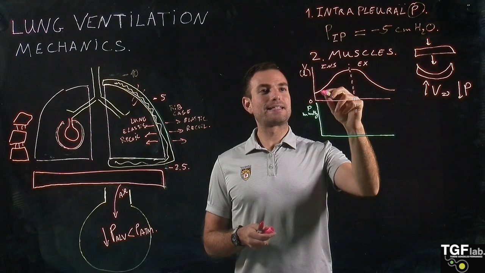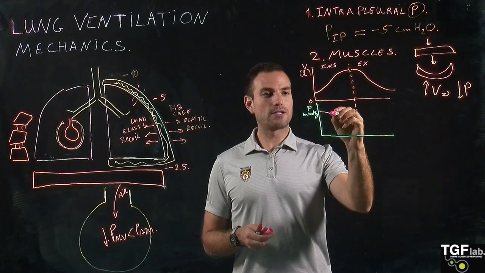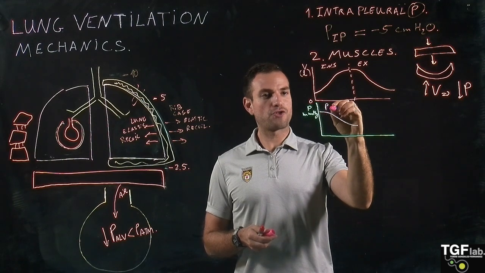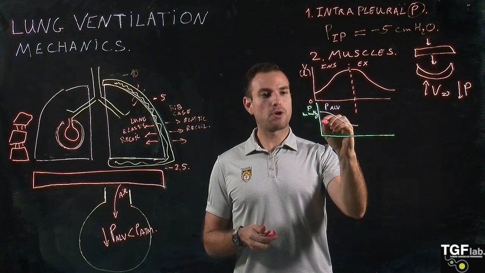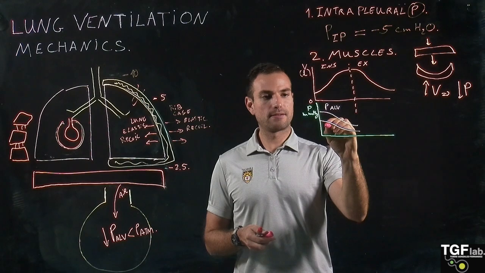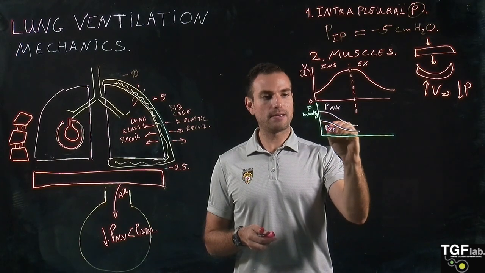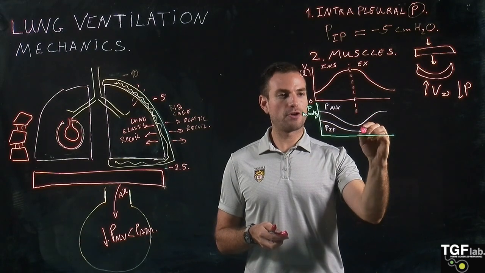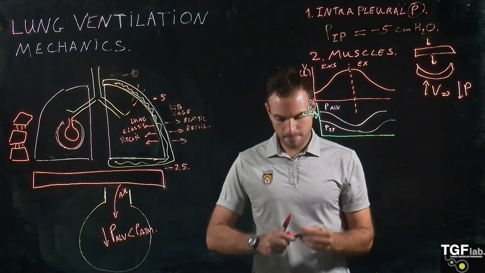the pressure in millimeters of mercury or also in centimeters of water, we are going to have, if we increase the volume, we also decrease the pressure in the alveoli, and we are also going to decrease the pressure in the pleura, the intrapleural pressure, and then when we exhale, this pressure is going to come up again, okay?